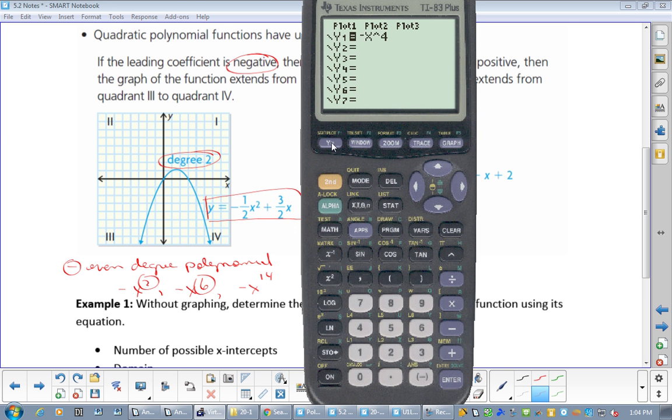Okay, what if I change that to 14? It will still start in 3, end in 4.